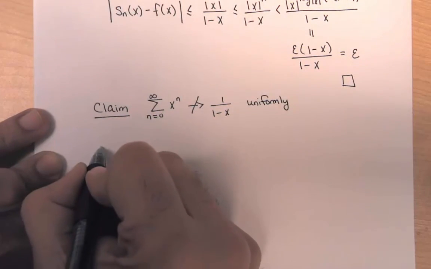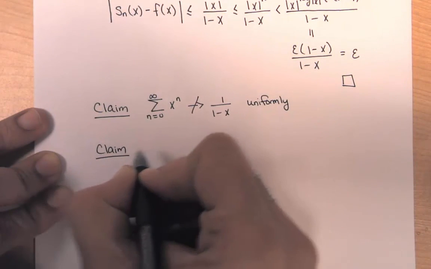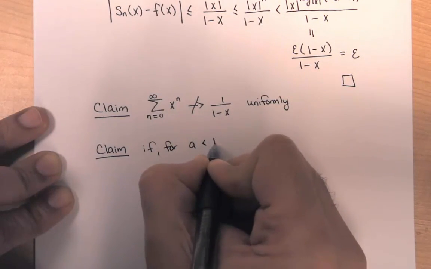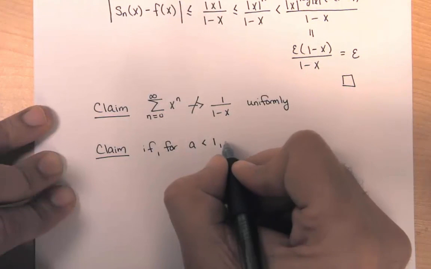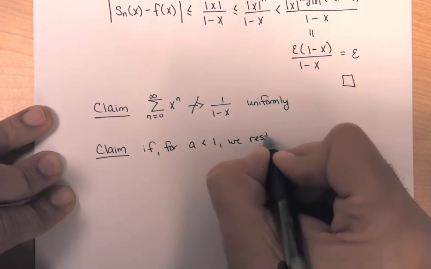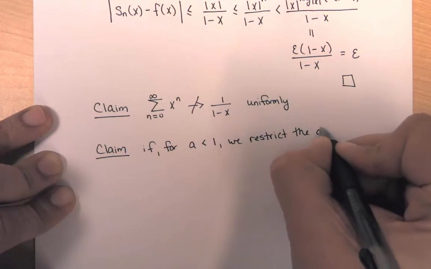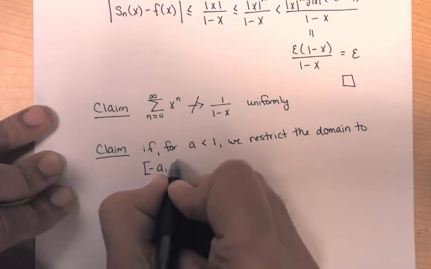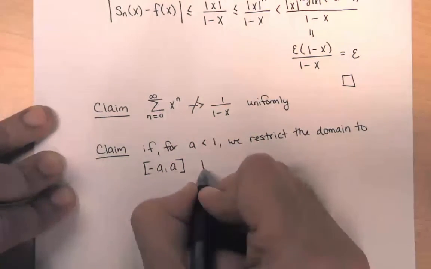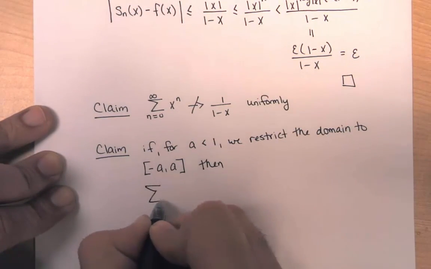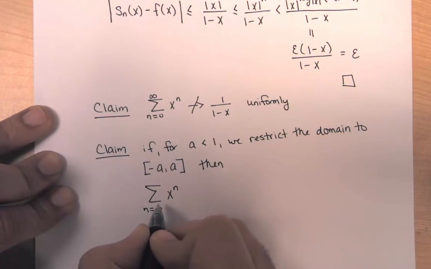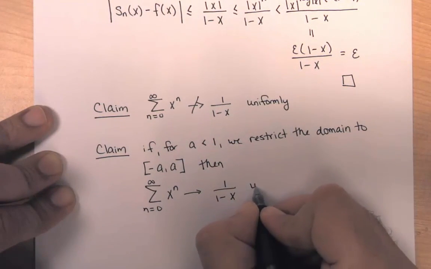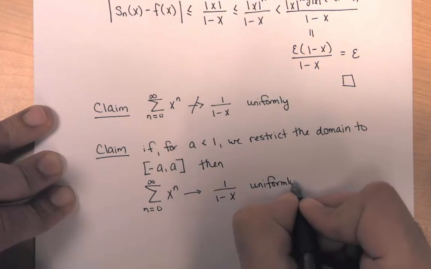However, if for a strictly less than 1, we restrict the domain to negative a to a, then on this domain, my series does in fact converge to 1 over 1 minus x uniformly.